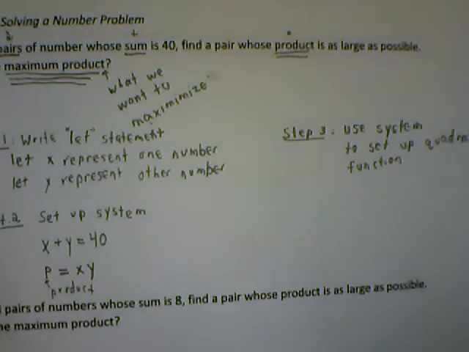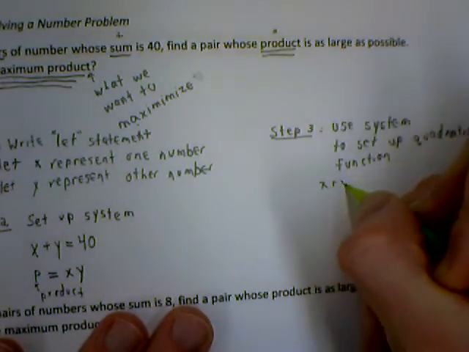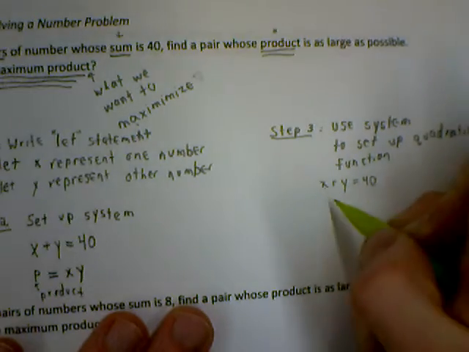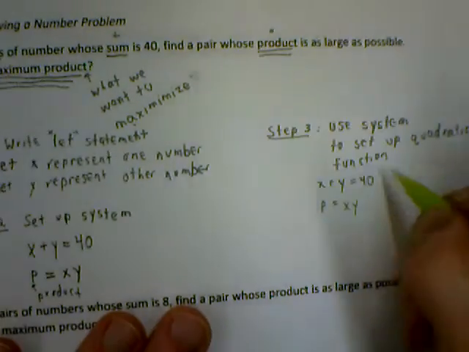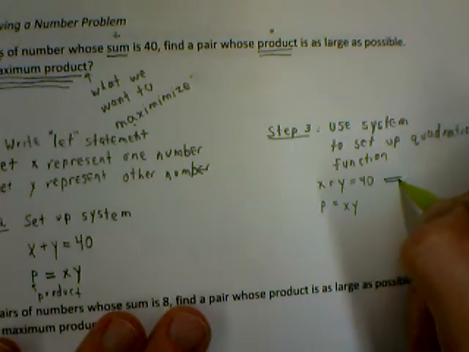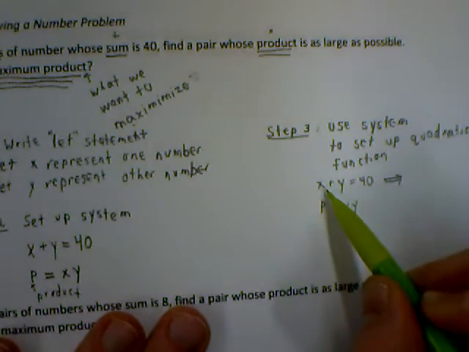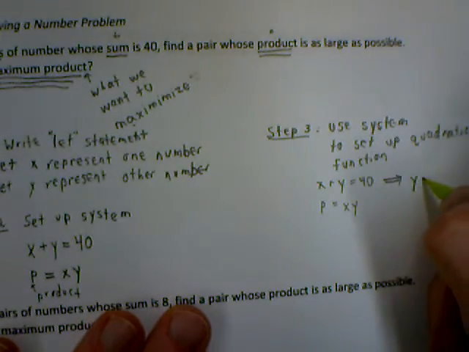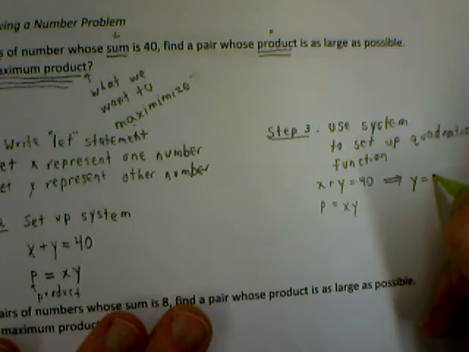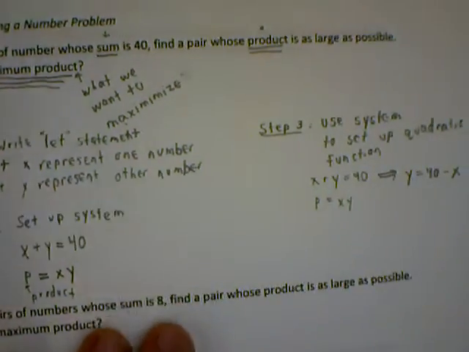So now I know I have x plus y equals 40 and p equals x times y. Let's solve this first equation for one of the variables. I'm going to subtract x from both sides, and that gives me y equals 40 minus x.